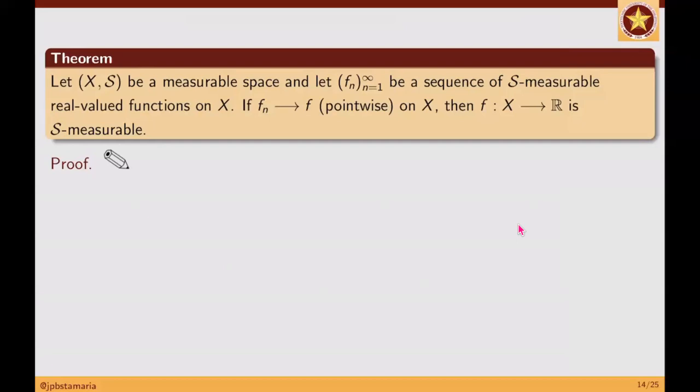Okay. Why again is f measurable? So this is what we do. Let a be a real number. What do we need to show?